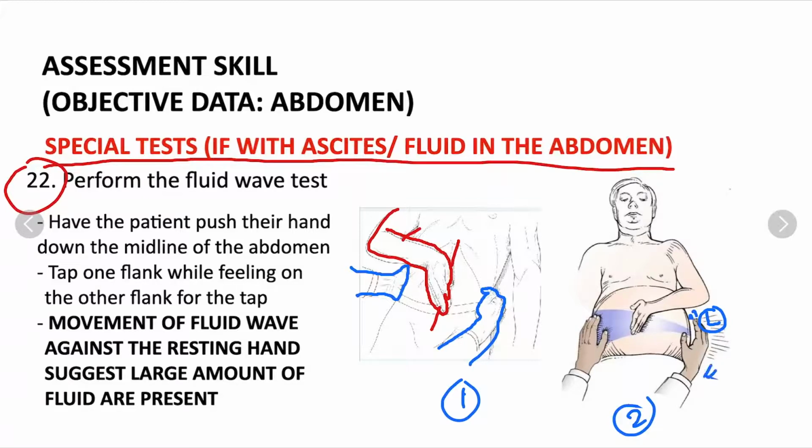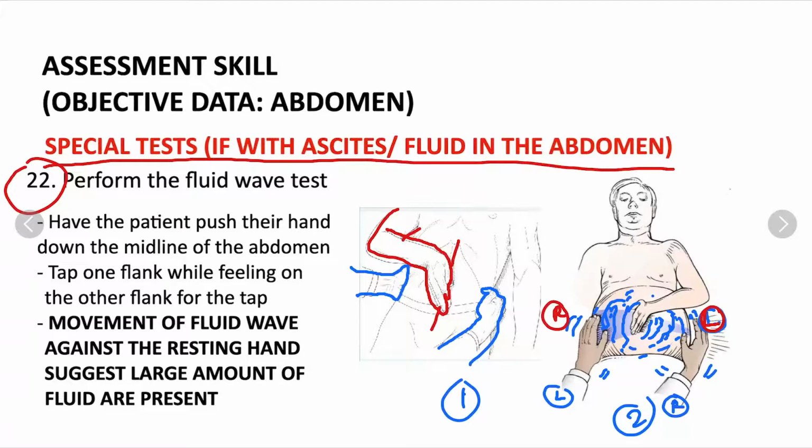So there's a movement or tapping. You would see the hand of the patient moving as well. That means there is fluid accumulation, and the buoyancy of the liquid creates some waves going to the other side. So it feels like a jello wiggling around. You would feel it here at the nurse's left hand. So nurse's right hand, nurse's left hand. This is the patient's left side and this is the patient's right side.